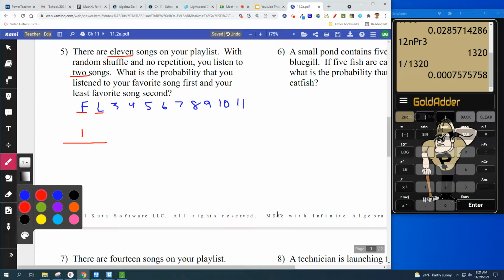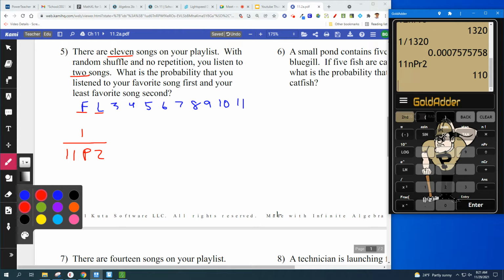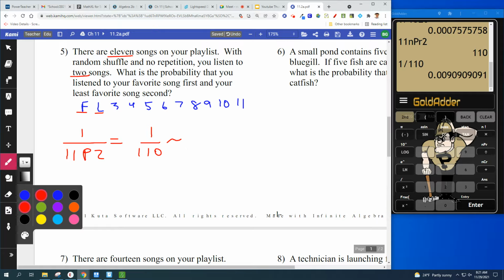And so you're thinking about, does the order matter or not? Order matters. Your favorite, your least favorite. Yeah, you definitely think order matters. So that's going to be 11P2 right there. One over 110. 0.0091.